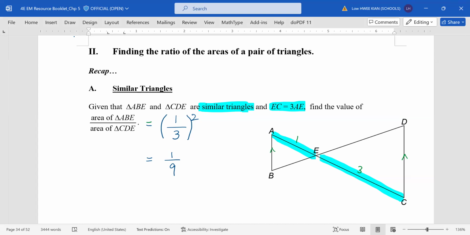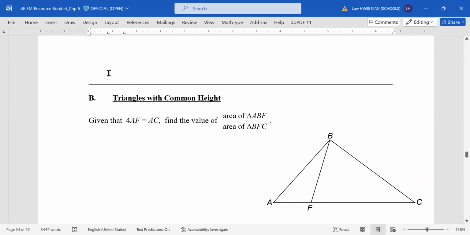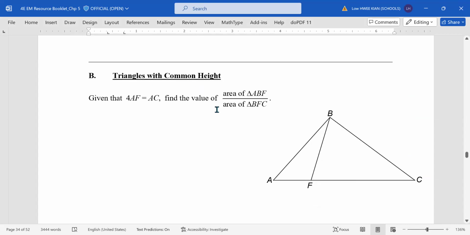So this is the most basic way of finding the ratio of two areas, by using similar triangles. Now, the other type of question that you will see is triangles with common height. This is the type of question that you actually learned in primary school already.